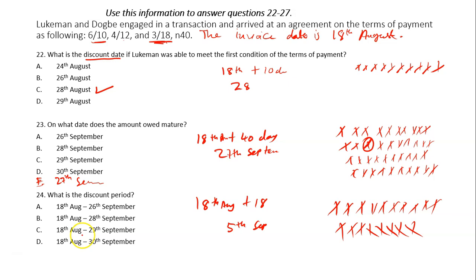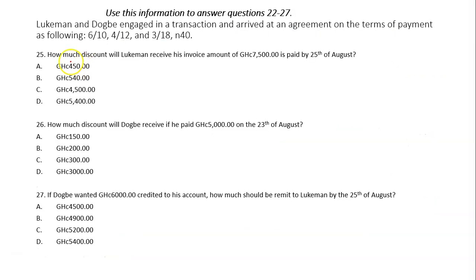So the answer is not in the options as such. It should be from 18th August to 5th September. So the answer is E. Write it and then shade your answer on the scanner sheet as E. So let's proceed to the next question.